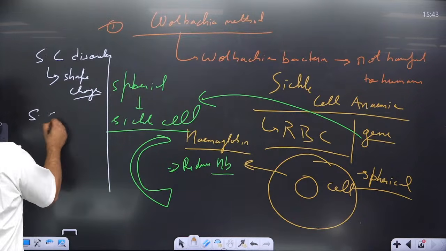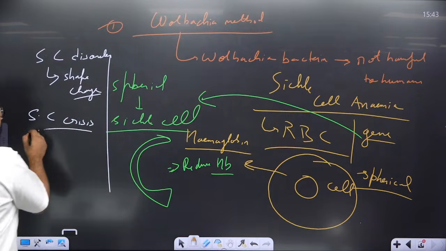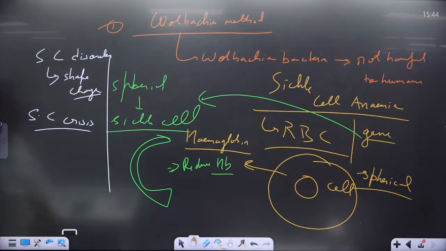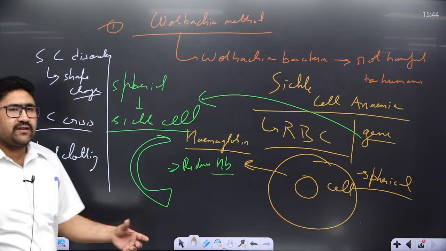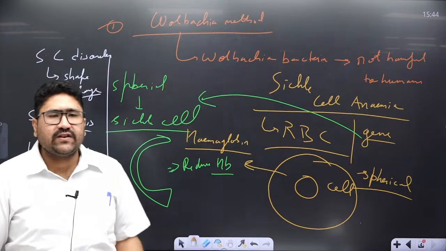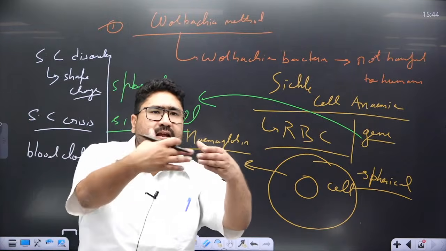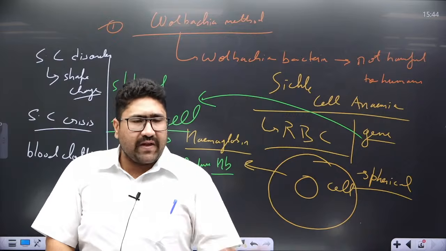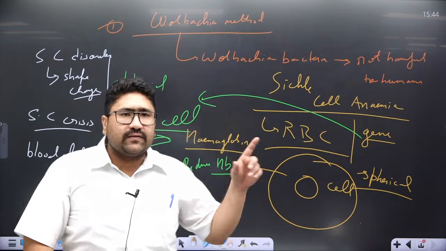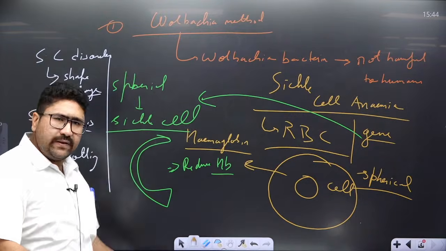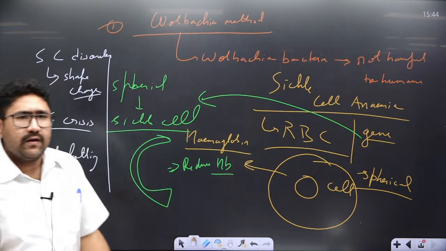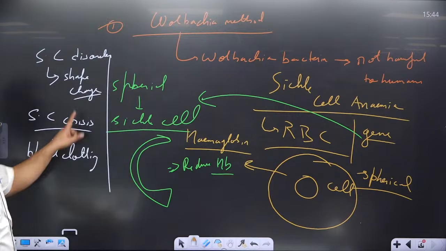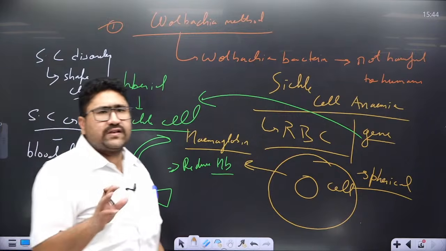Then there is sickle cell crisis, which is an extreme form of sickle cell disease, in which there happens to be blood clotting, because the shape becomes slightly curved, as a result of which it restricts the flow of blood inside the veins and arteries. So the sickle shaped RBCs themselves will prevent the flow of blood, which will cause blood clotting, known as sickle cell crisis. So that is about sickle cell disease.